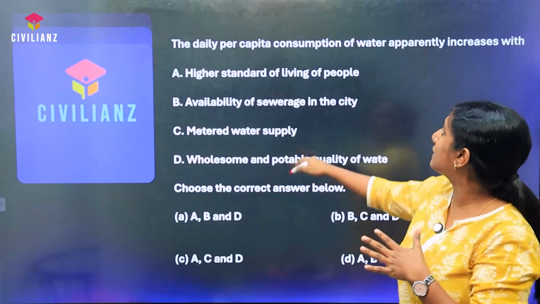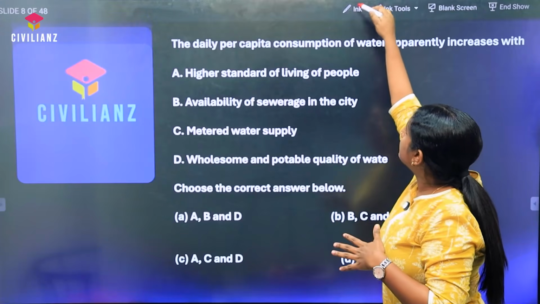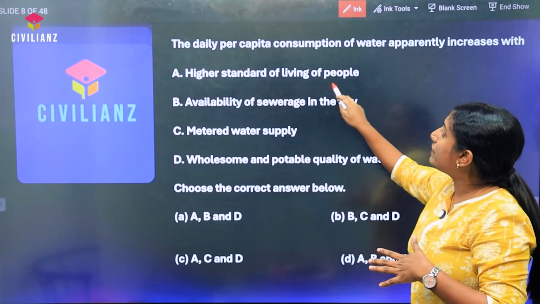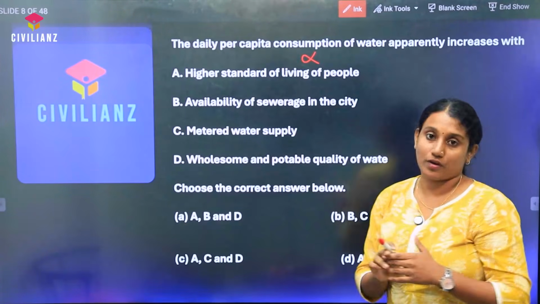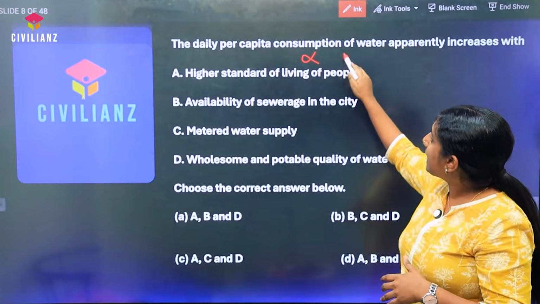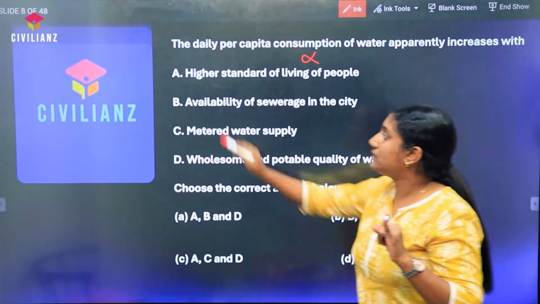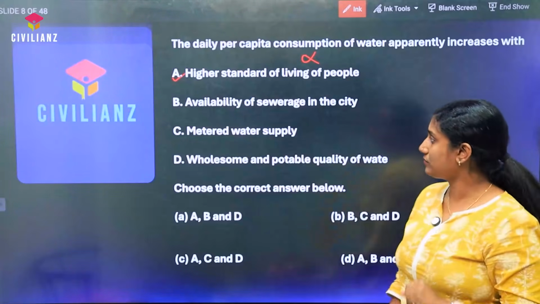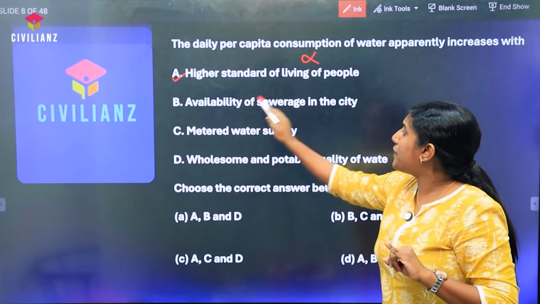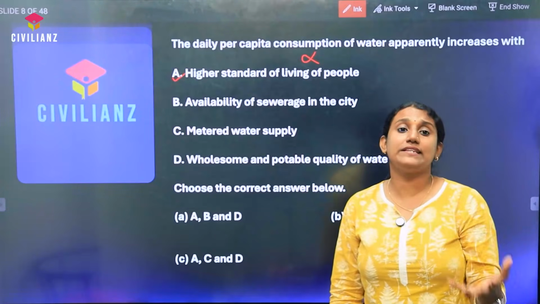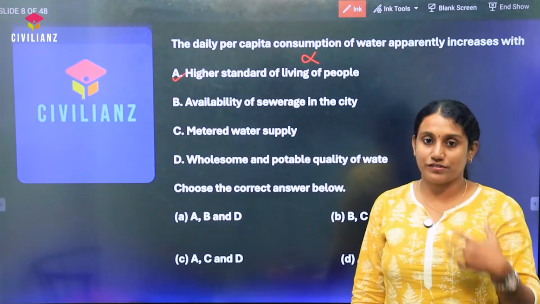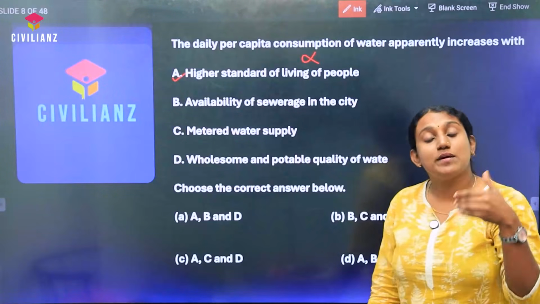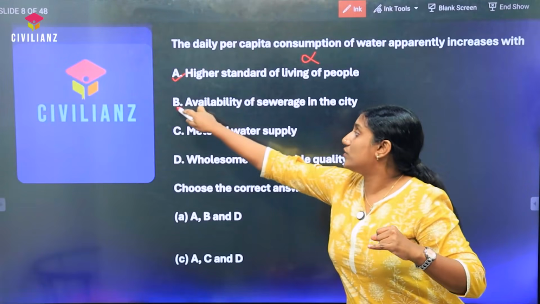In that case, the high standard of living is directly proportional to the consumption. So we can take this one. And second one, availability of sewer in a city. Obviously as the availability of sewer in cities increases, the rate of consumption also increases. So we can take this also.